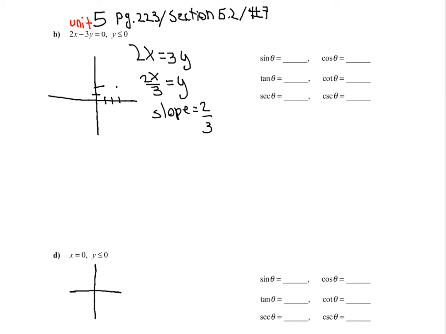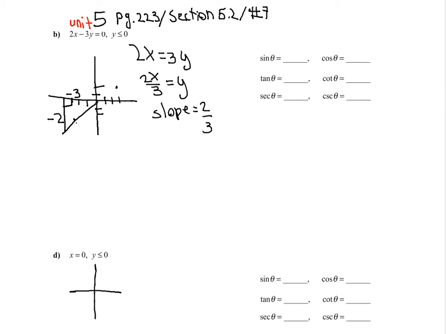And this will give us the line. We know that the line would follow 1, 2 over 1, 2, 3, so it would be right there. And since y has to be smaller than 0, we know that our triangle has to be over on this side. So this is negative 2, and this is negative 3.